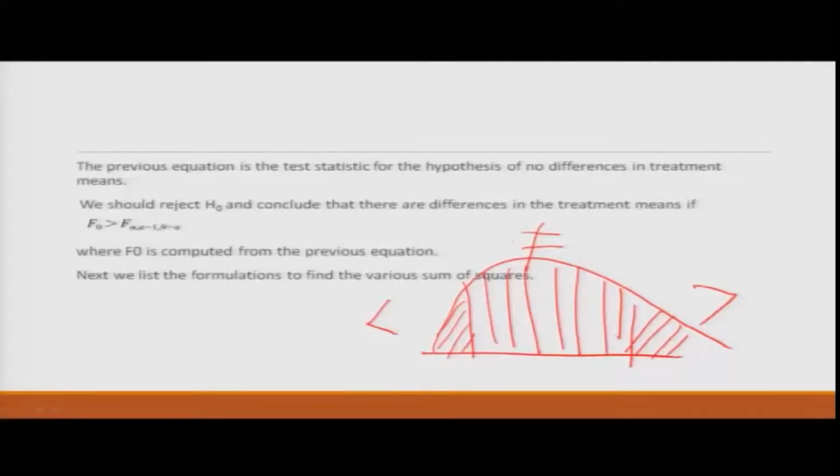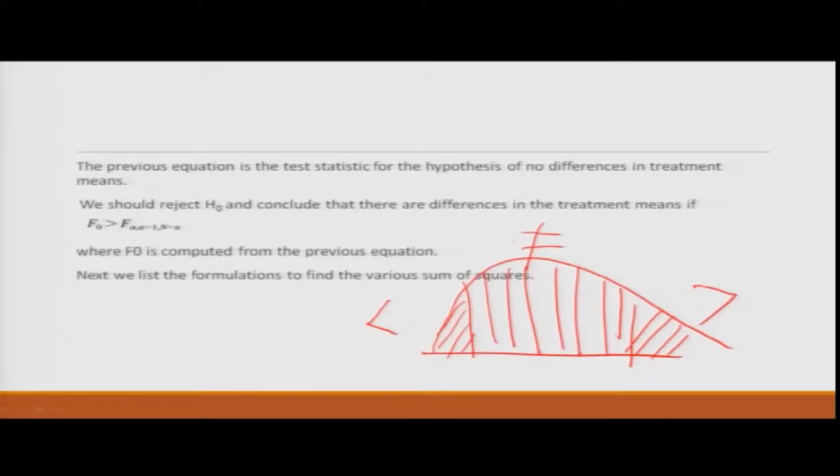So, continuing reading, we should reject H naught and conclude there are differences in the treatment if F naught, that is under the null hypothesis, is greater than F alpha with the corresponding degrees of freedom. And remember, it is alpha, it is not 1 minus alpha by 2 or alpha by 2. That is a very important point, which again I am saying with apologies, I am repeating it time and again. Here F naught is computed from the previous equation.